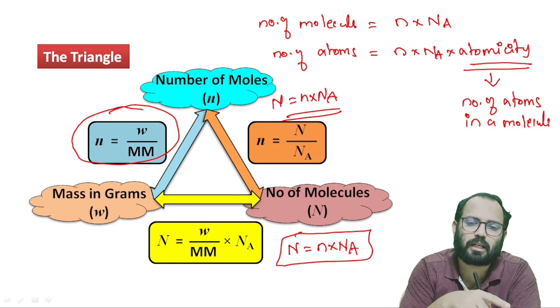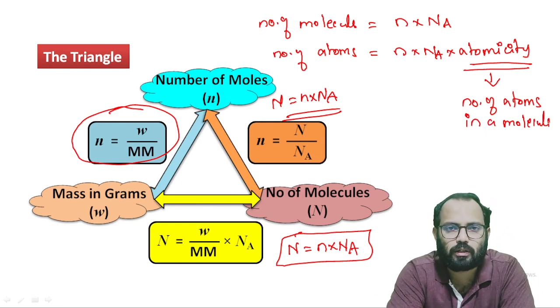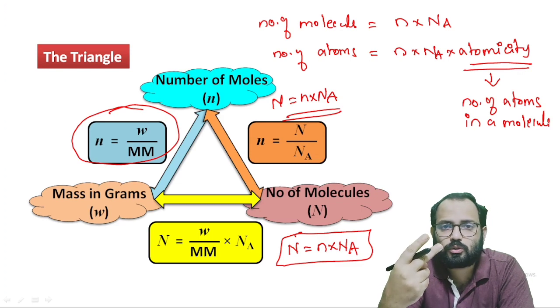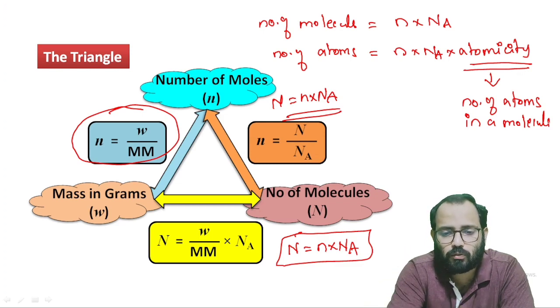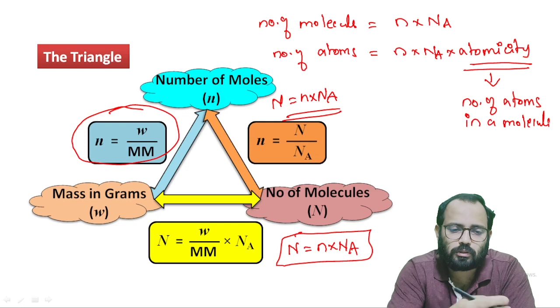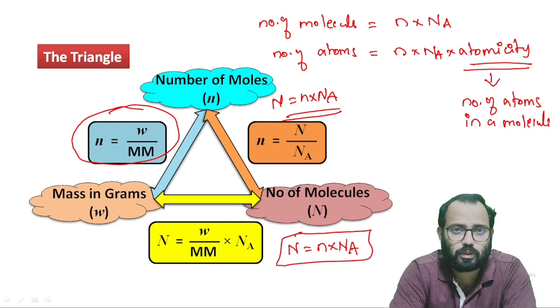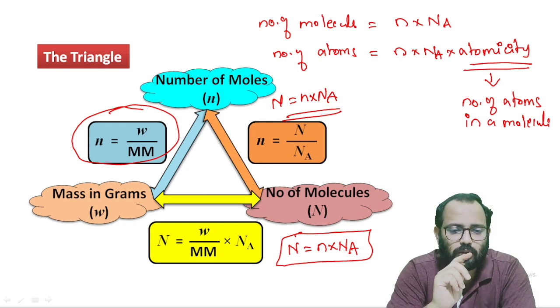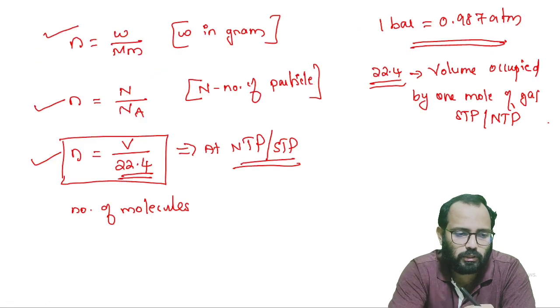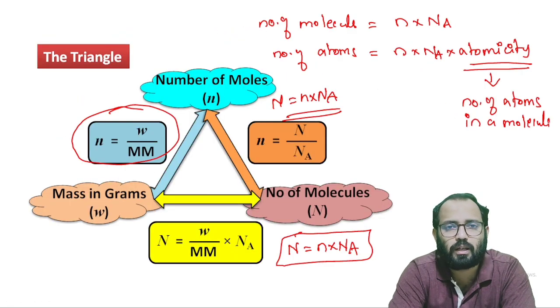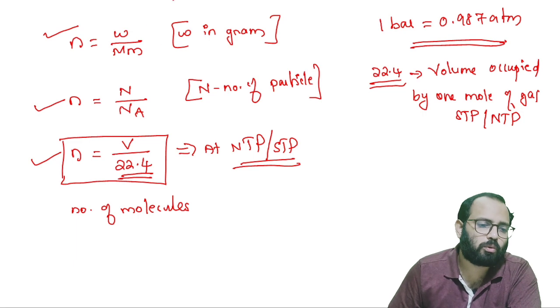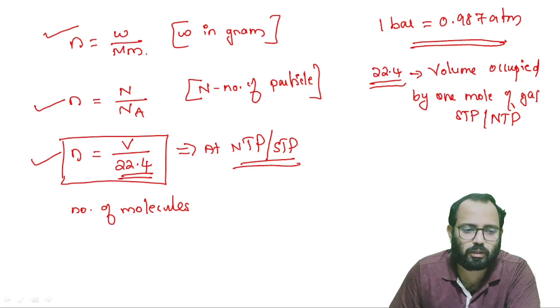We have seen in the last lecture what atomicity is. H2 has two hydrogen atoms, so the number of atoms in a molecule is 2, so the atomicity is 2. So these are not only the three, but plus 2, 5 equations. These are very important equations. Number of moles can be found out by given mass by molecular mass.